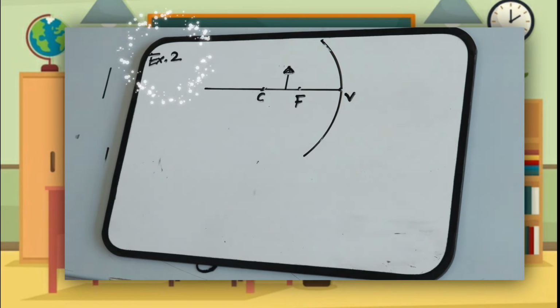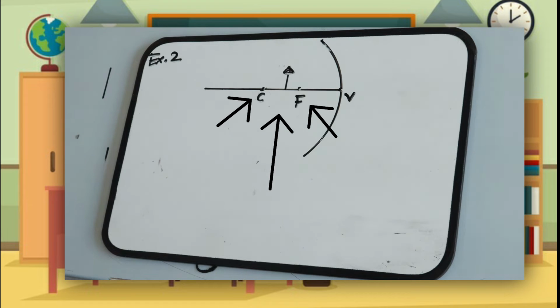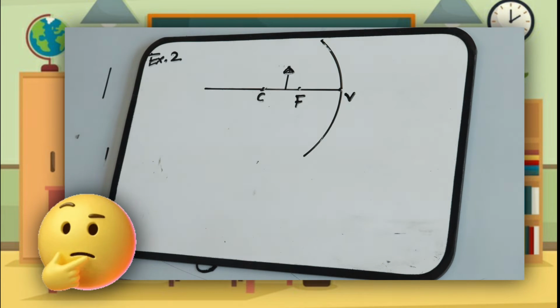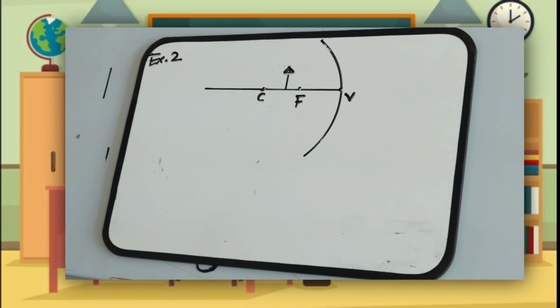Okay, so for our example number 2, our object is located between C and F. So where do you think will be the image formed? We're going to use the ray diagram again.